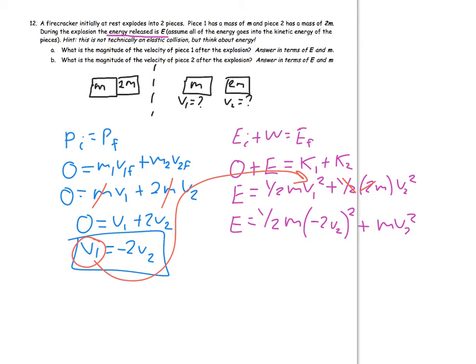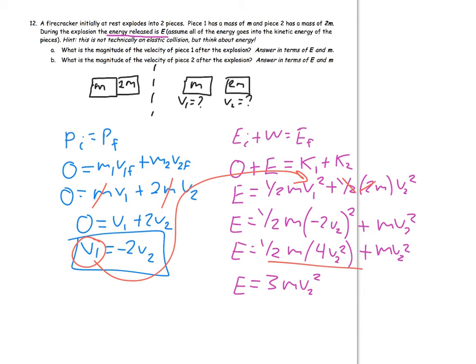When I square that quantity, it ends up being 1/2 times m times 4v2 squared. The negative goes away because we've squared it. Now I can combine those two terms. This ends up being 2mv2 squared plus mv2 squared. So E is going to be equal to 3mv2 squared.